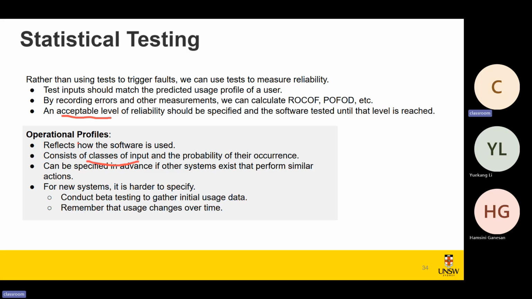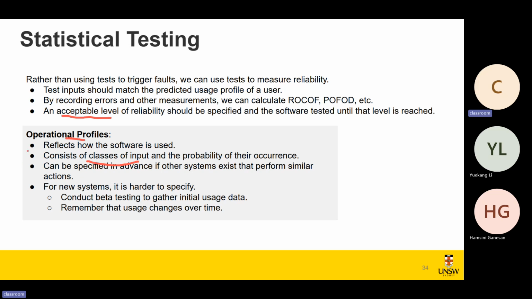And this operational profile could be specified in advance if we can get some hints from other similar systems. And for new systems, it's hard for us to determine because we don't have usage data, right? We don't know how users would use this system.